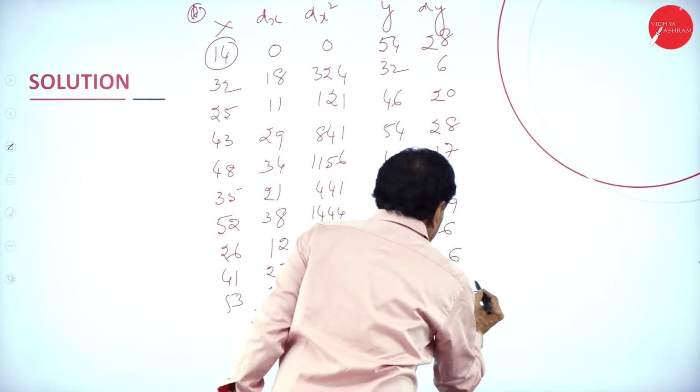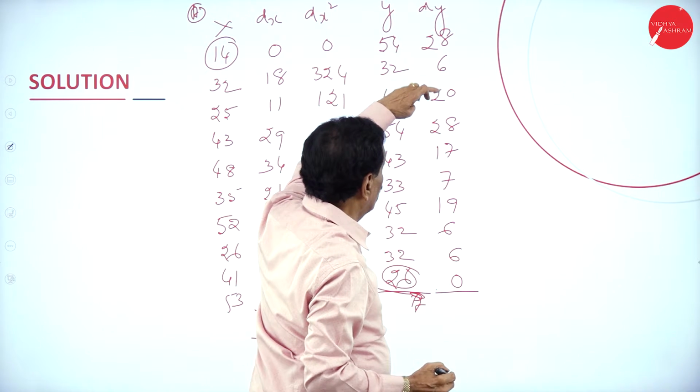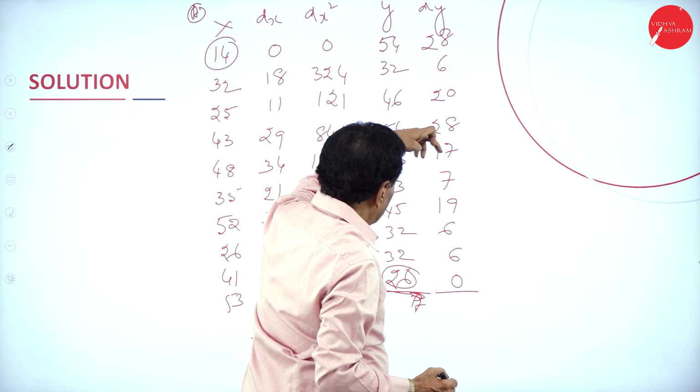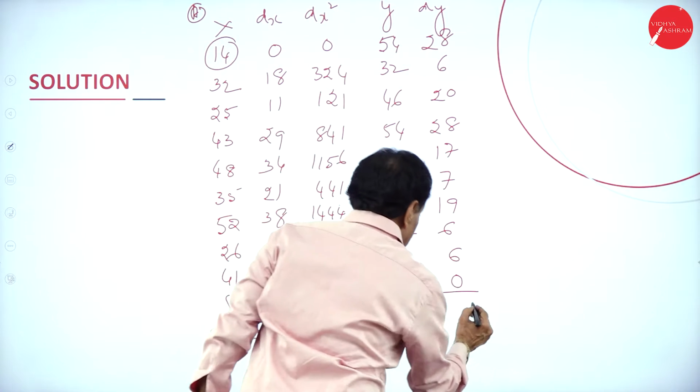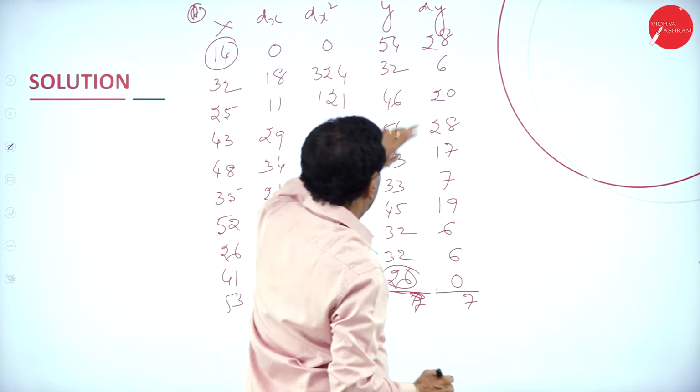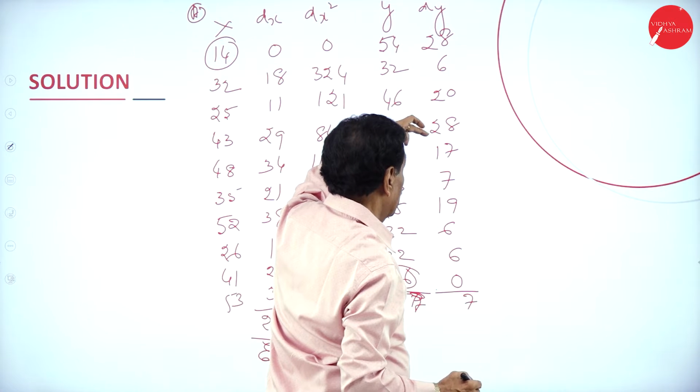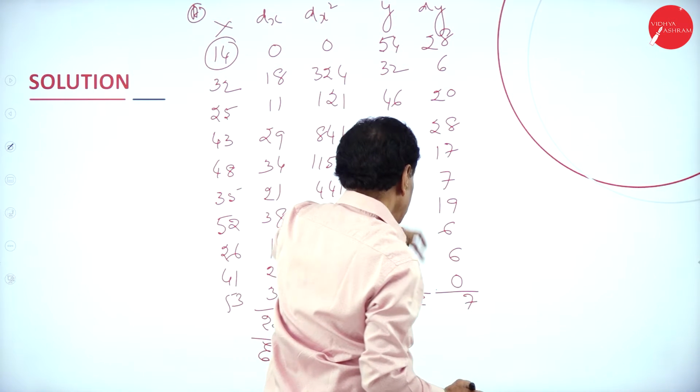Add the figure. 8 plus 6 is 14, 22, 29, 36, 45, 51, 57. 5 plus 2, 7, 9, 11, 12, 13.